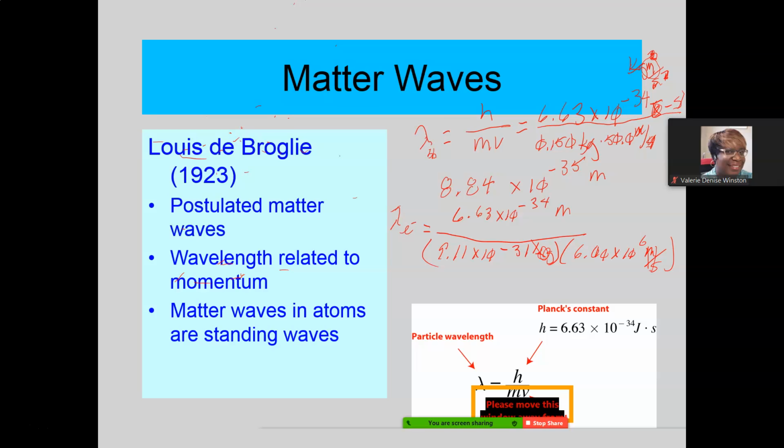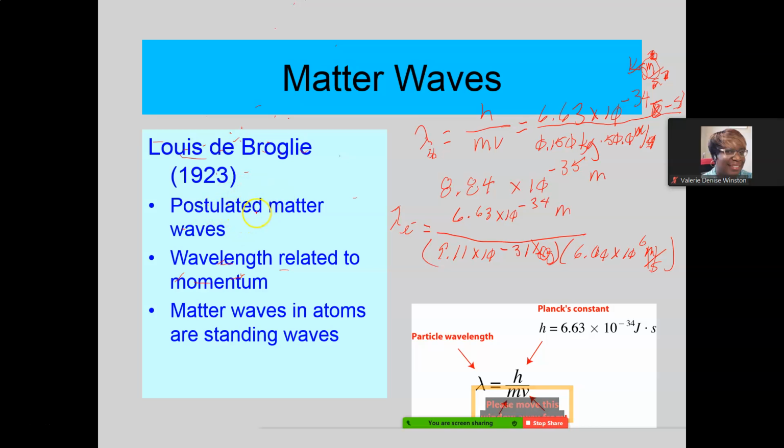Do the 34 first, I have to, and then negate it, divided by 9.11 EE 31, negate it, divide that then by 6 million, that's 6 EE 6, not a negative there, 6, and hit the equal sign. And this time we got another small number, but not nearly as small.